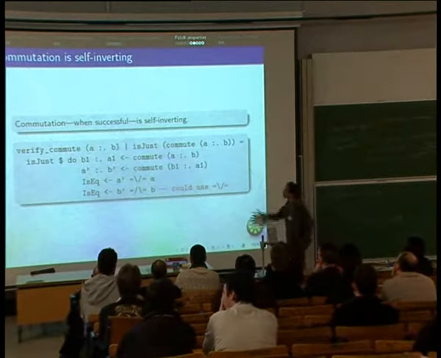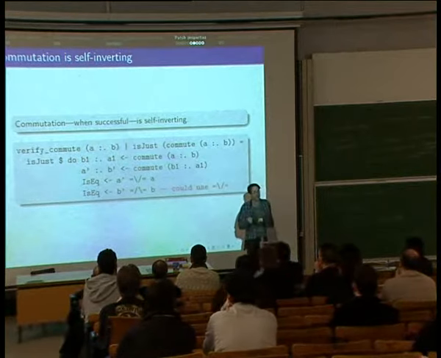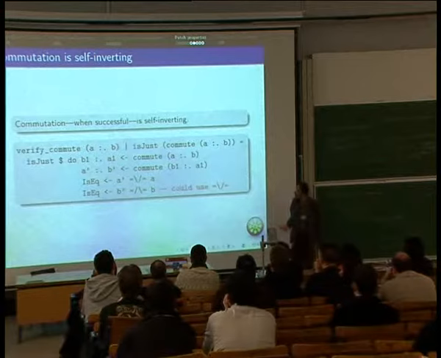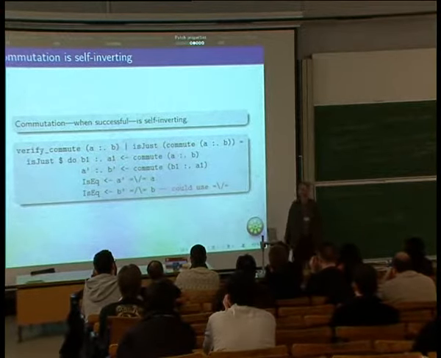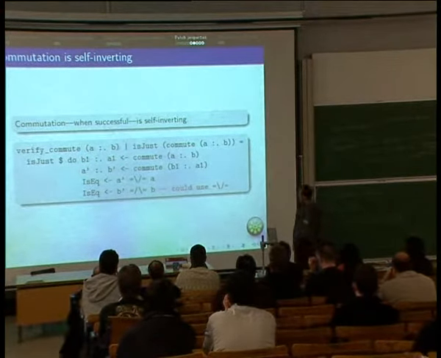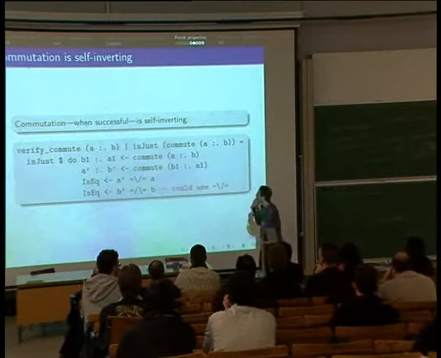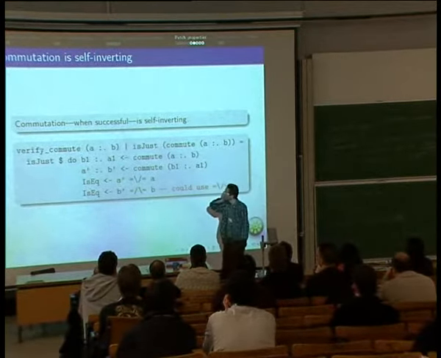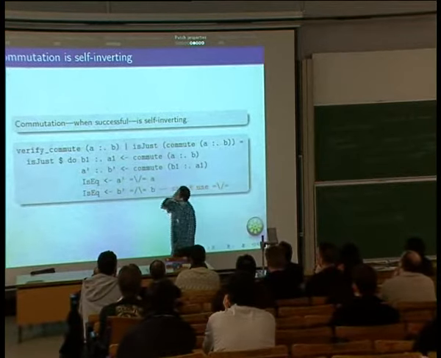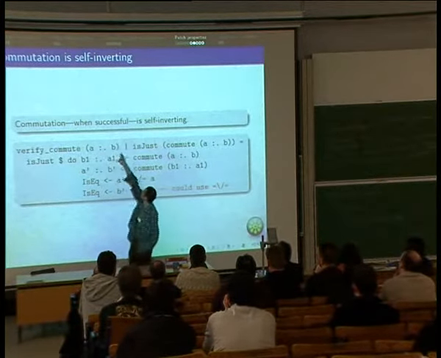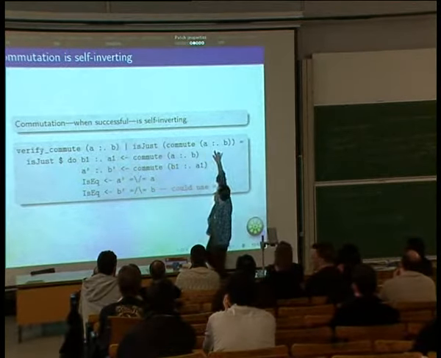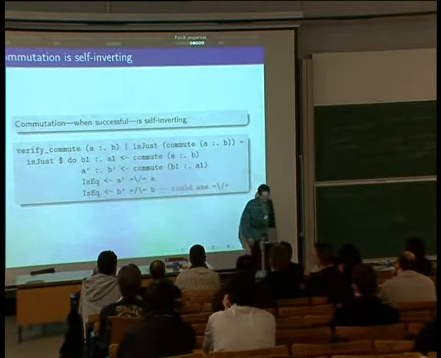So the property I mentioned beforehand, commutation, when it's successful, is self-inverting. This obviously needs to be true, but it's also sort of easy to write bugs so that it isn't. So I just have an example here of what Haskell code would look like to verify this. You can verify the commute of A followed by B, where the commute succeeds is what that just says.